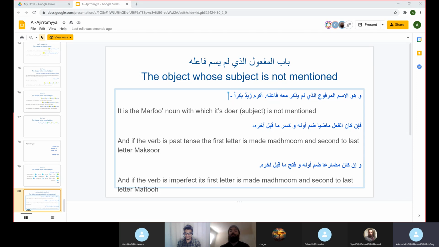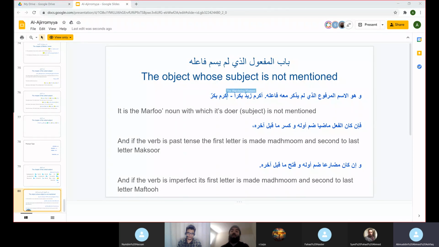Here Zaid, who is the subject, is explicitly mentioned, and Bakr, who is the object, is explicitly mentioned, right? Zaid and Bakr are both explicitly mentioned. But if I was to remove Zaid and make the doer, the subject, ambiguous, I would say Ukrima Bakrun.